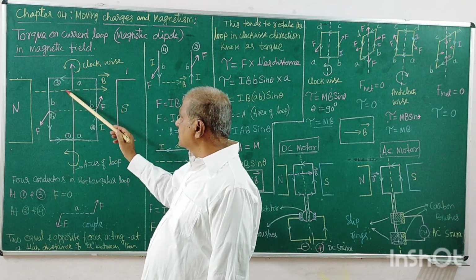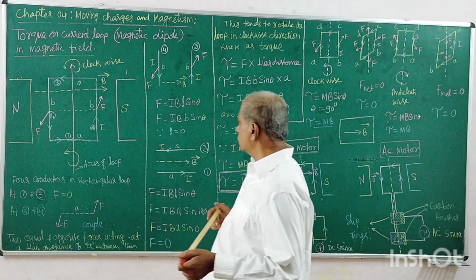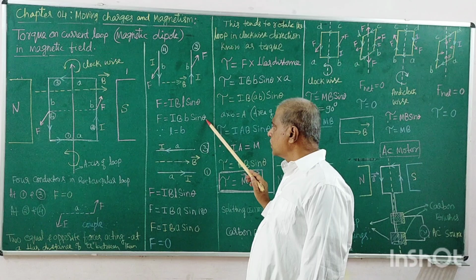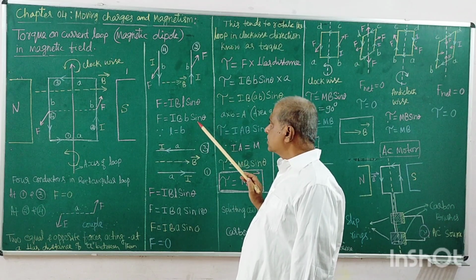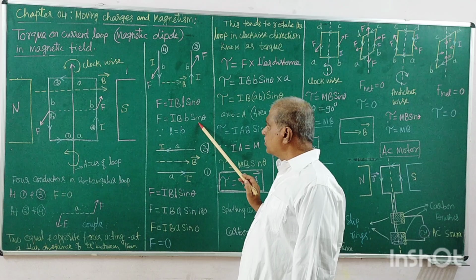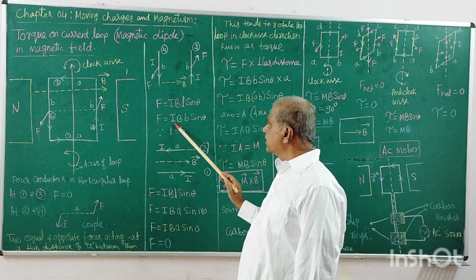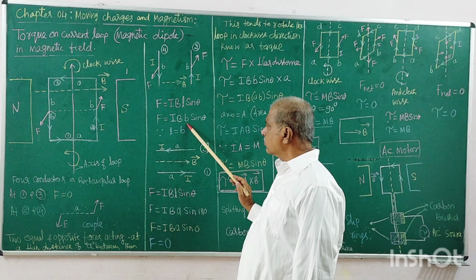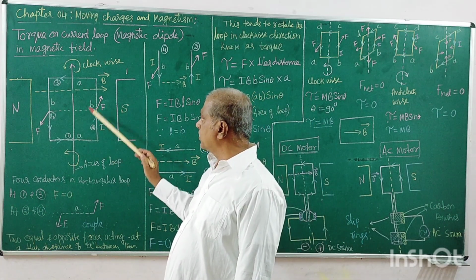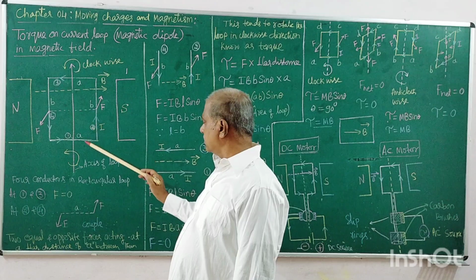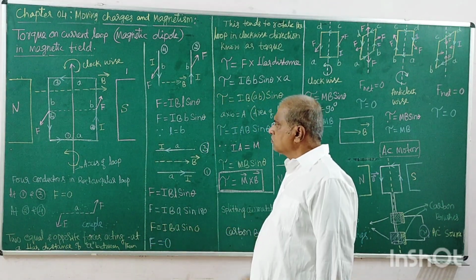They are parallel, in the same direction. That is theta equals 0. If theta equals 0, sin 0 is 0, and 0 times anything is 0. The force acting on this conductor due to this magnetic field is 0.